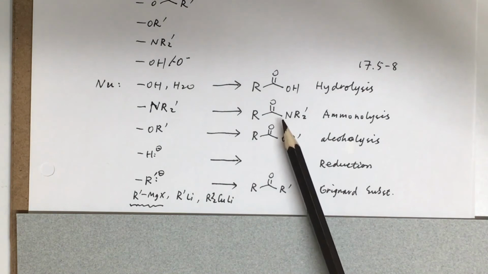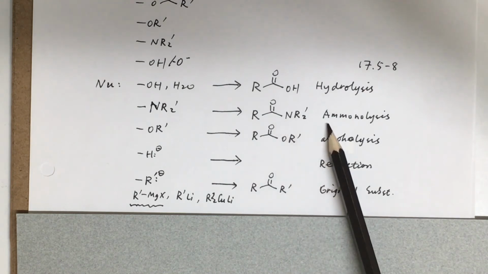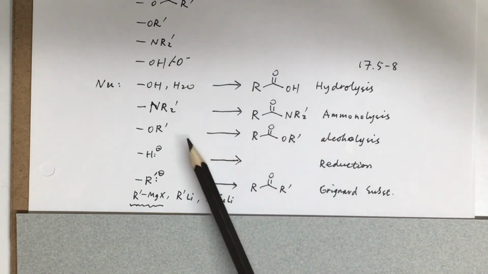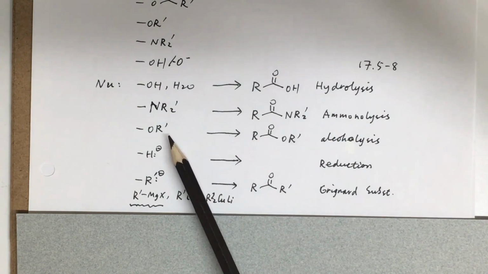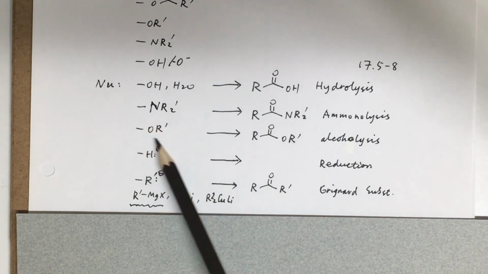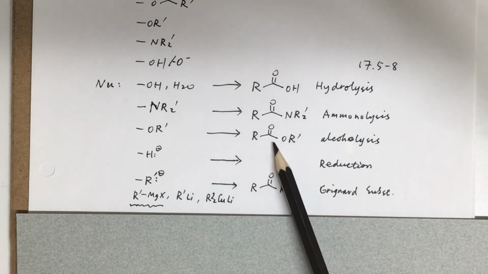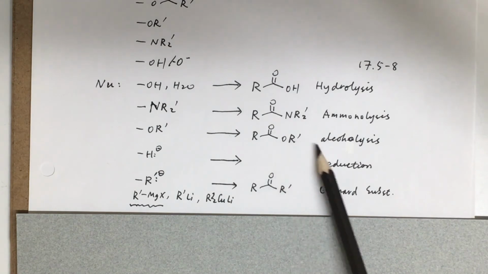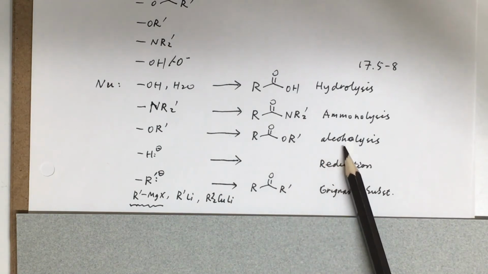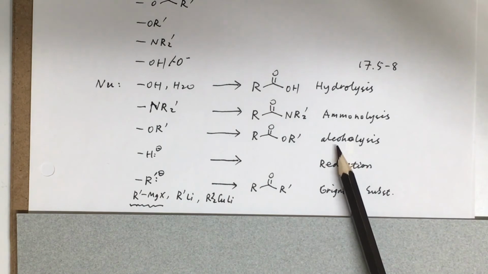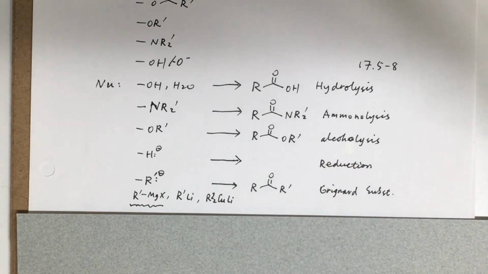The reaction is generally referred to as ammonolysis. And when we react a carboxylic acid or derivative with an alkoxide nucleophile, we're generating a different ester. We call the reaction alcoholysis. If your starting material is an ester, it's also called a transesterification reaction.